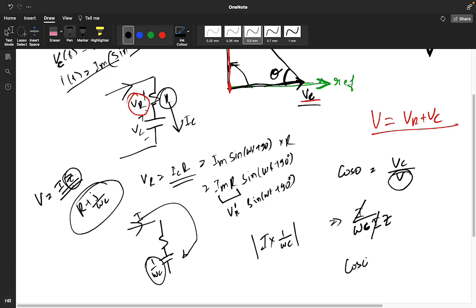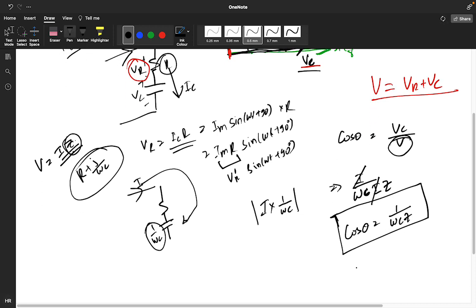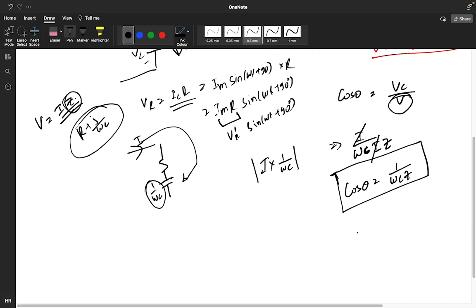The cos theta value is also coming 1 upon omega C into Z. Or you can write like this also, 1 by omega C is XC, cos theta can also be written as XC by Z.